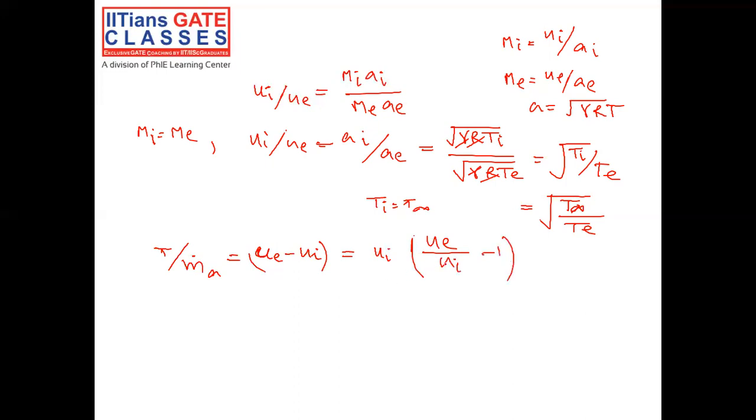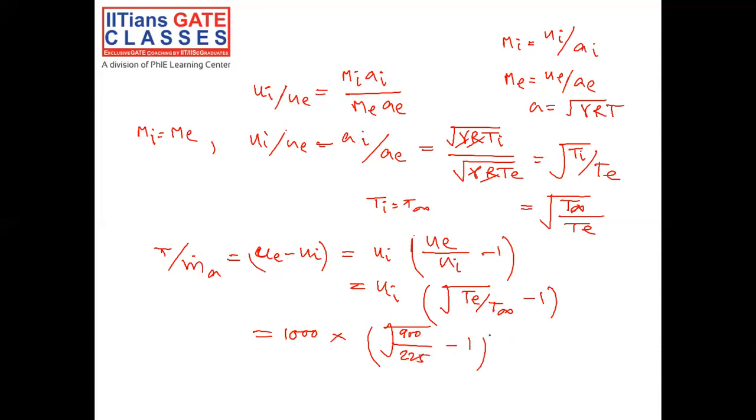And UE by UI can be written from the above expression as root of TE by T infinity, minus 1. Now we can substitute all these quantities, because these are given in the question. So UI is nothing but 1000, and TE was 900, T infinity was 225, minus 1.